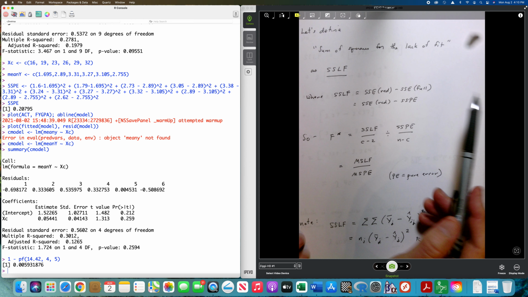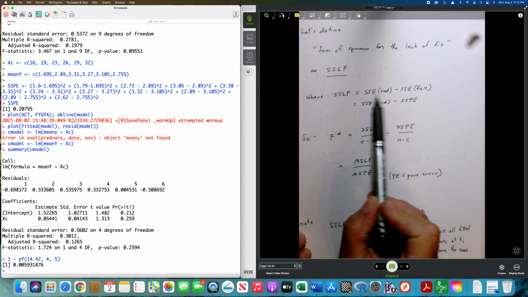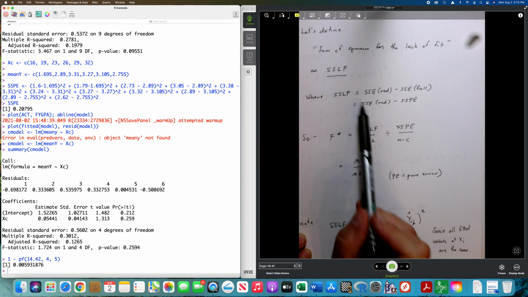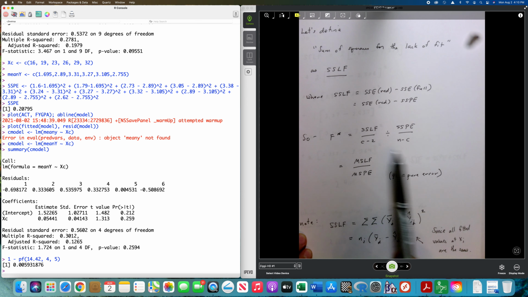And we can define SSLF as being the difference between the sum of squares for the reduced model and this SSPE that we defined earlier. So, simple calculation, if we know SSLF, the sum of squares for the lack of fit, we can just put it in the numerator. Degrees of freedom stay the same. And in the compound fraction, the denominator stays the same.